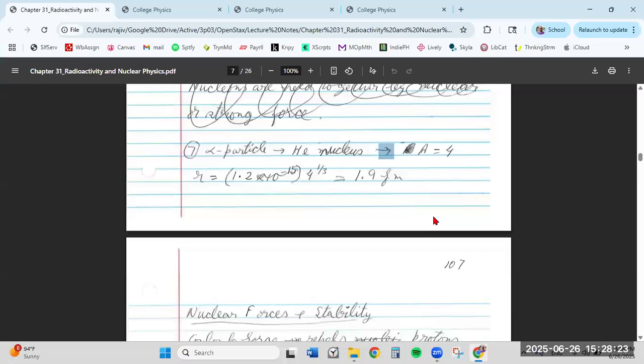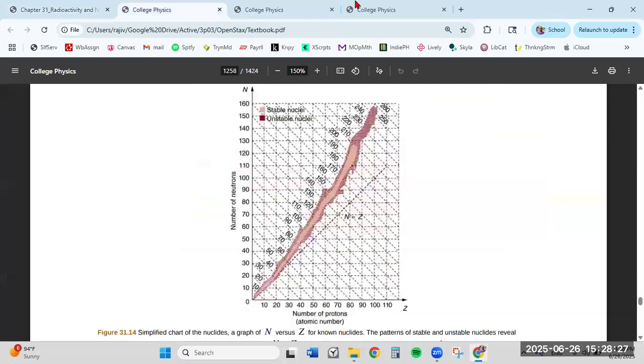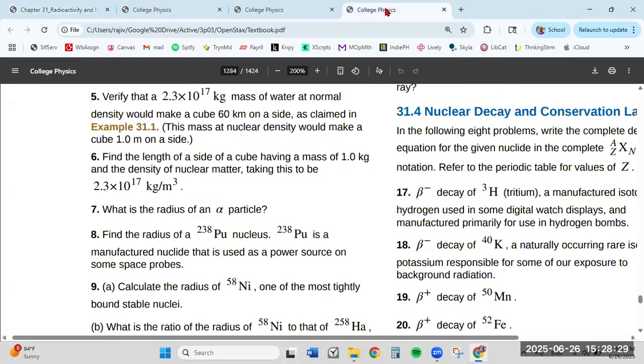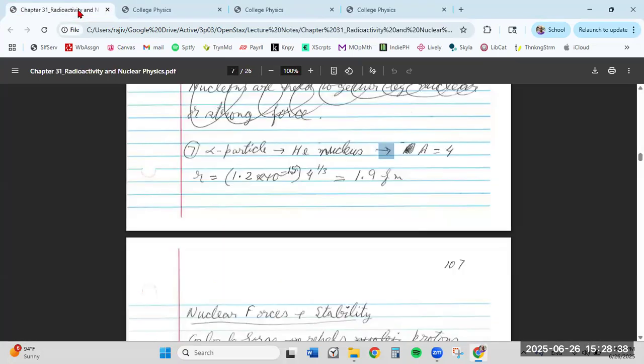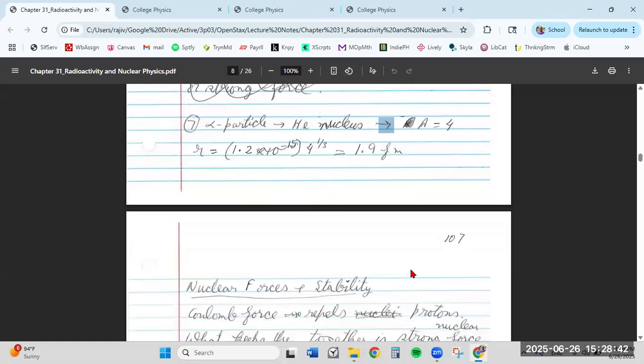Let's look at problem number 7, in which we have to find the radius of an alpha particle. As I pointed out, an alpha particle is a helium nucleus, which means it has 2 protons and 2 neutrons, or A is 4.